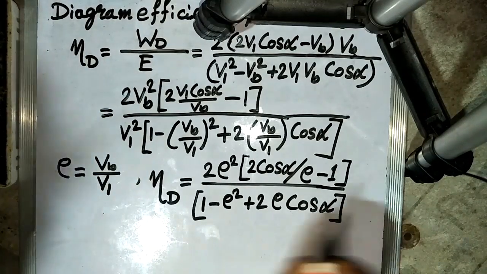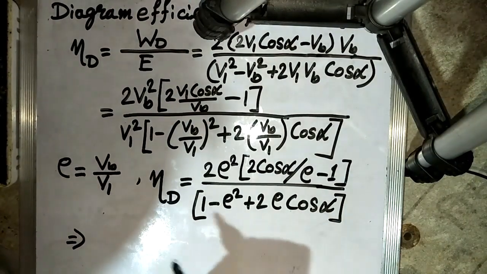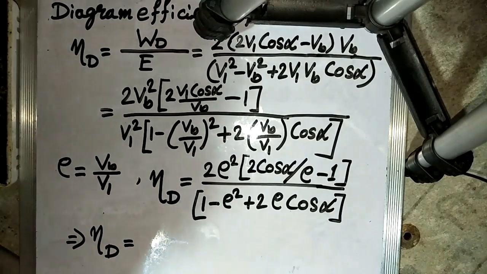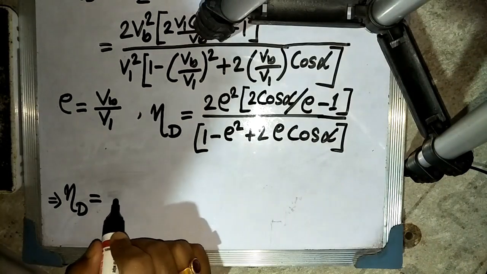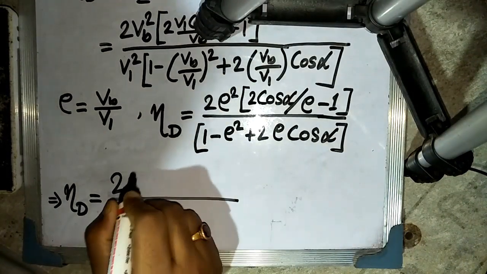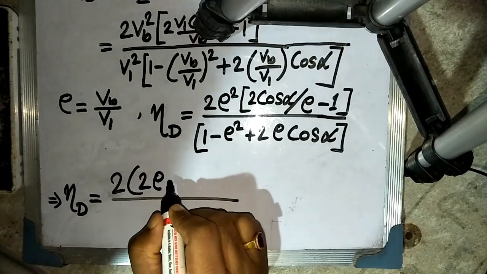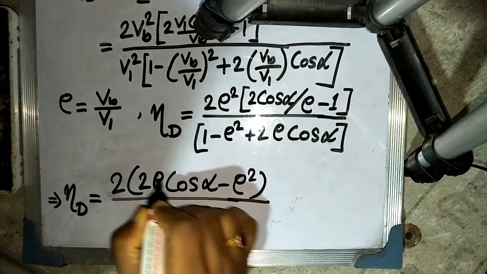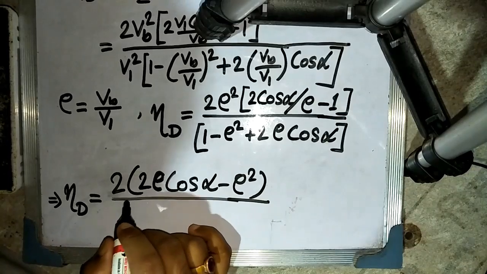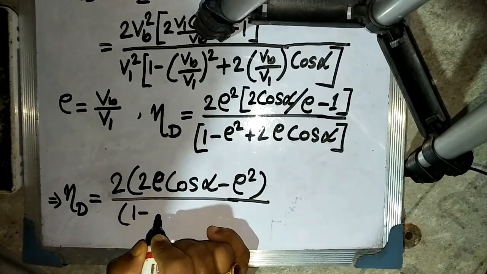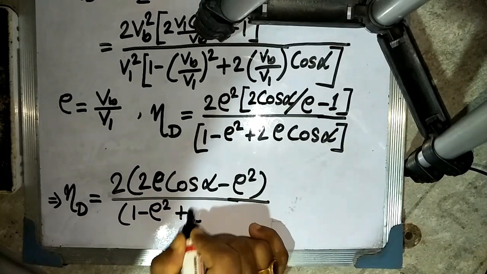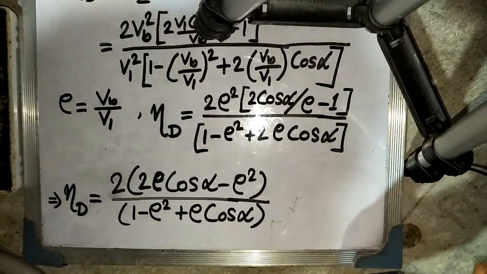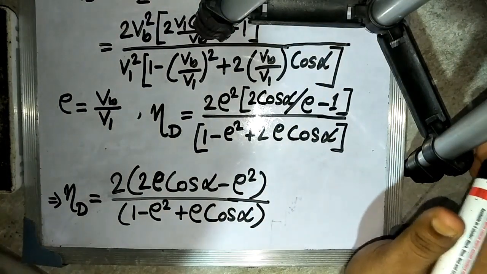Or we can write the diagram efficiency as 2 into (2 rho cos alpha minus rho square) by (1 minus rho square plus 2 rho cos alpha). So this is the simplified expression of diagram efficiency.